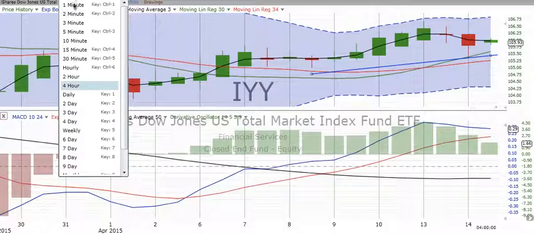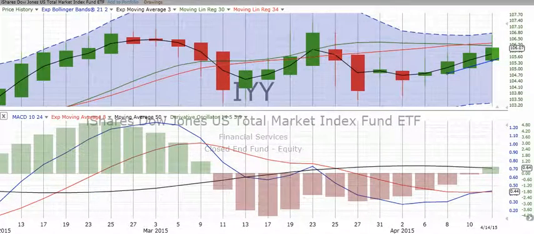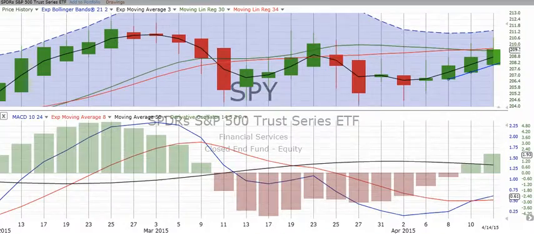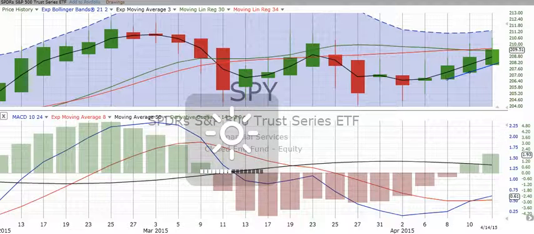Now let's go back to the 2-day chart and let's switch over and take a look at SPY. SPY, I'm going to brighten that screen a little bit for us, is the S&P 500, big companies.